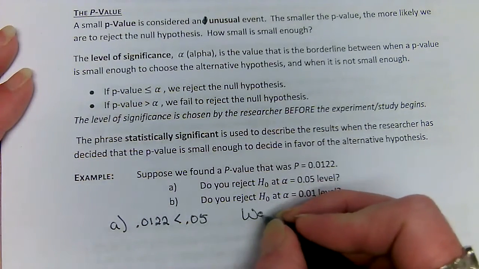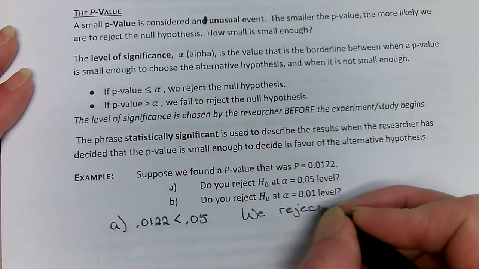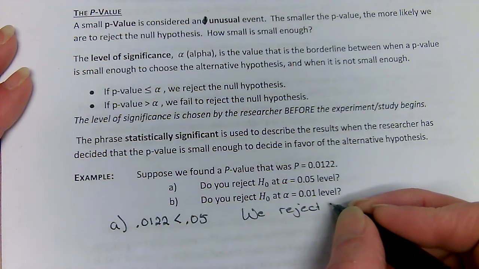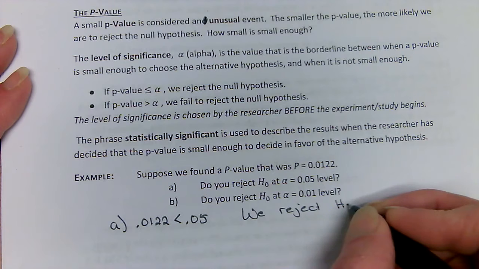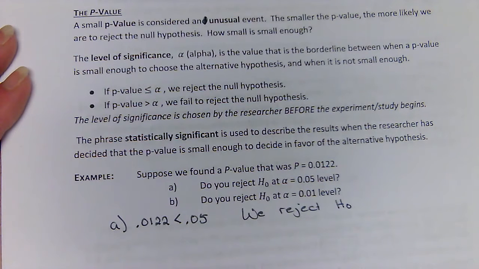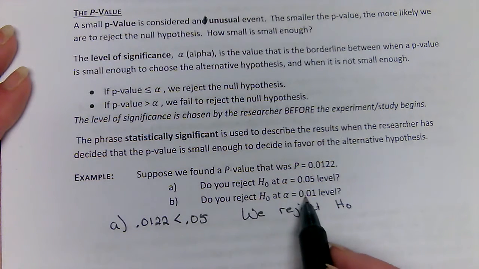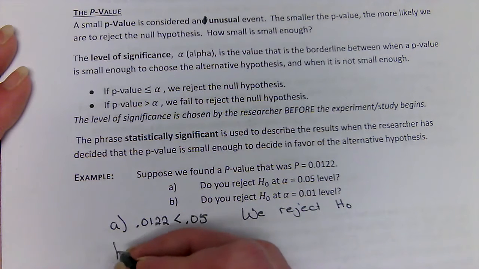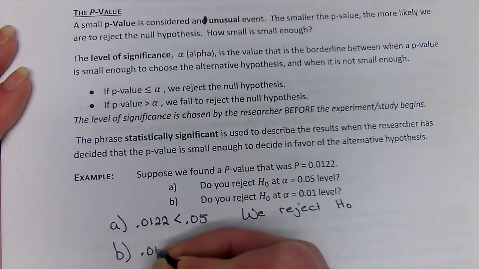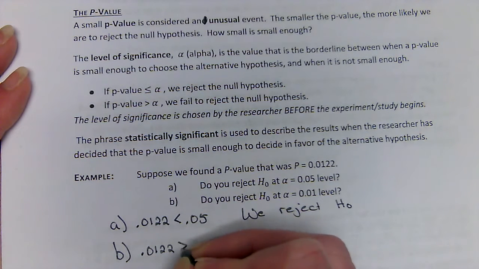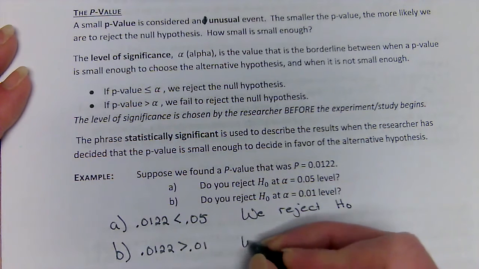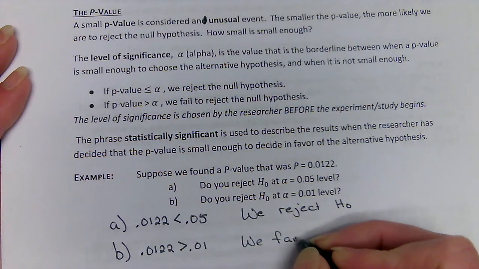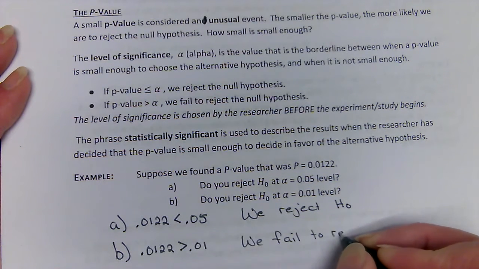So we reject the null hypothesis. Now, if we look at that for a 0.01 level, 0.0122 is actually bigger than 0.01, so we would fail to reject.